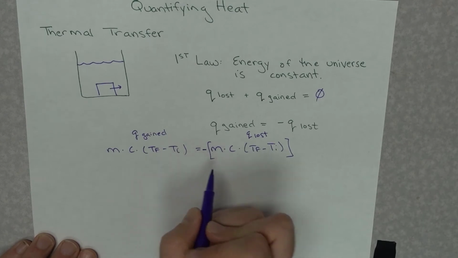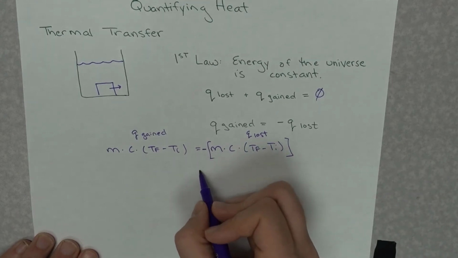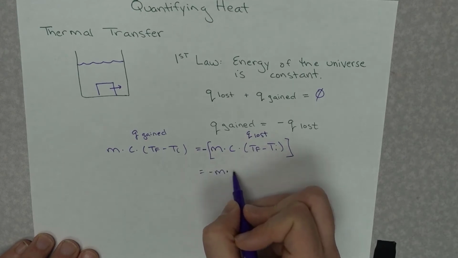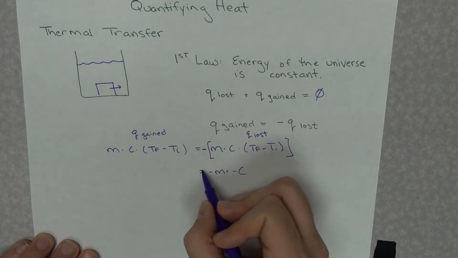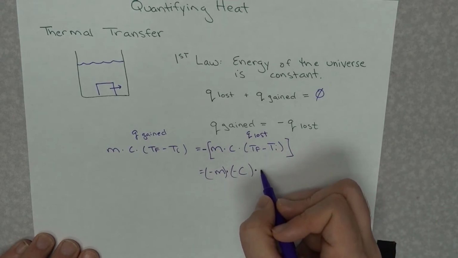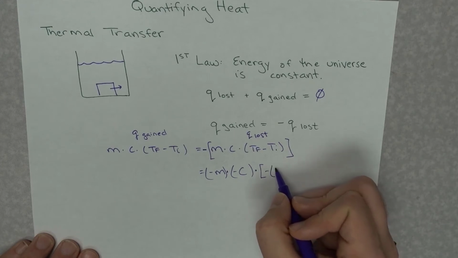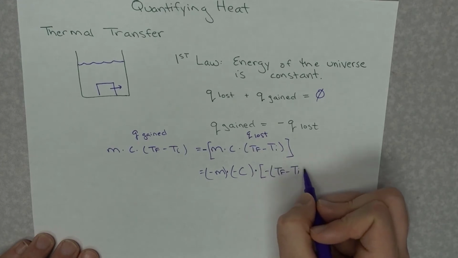So how can I go through and do this? Well, I'm going to leave this side the same because nothing here changes, but I'm going to distribute this negative sign, so this becomes negative m times negative c, put these in parentheses so I don't lose them, times, in brackets, negative tf minus ti.